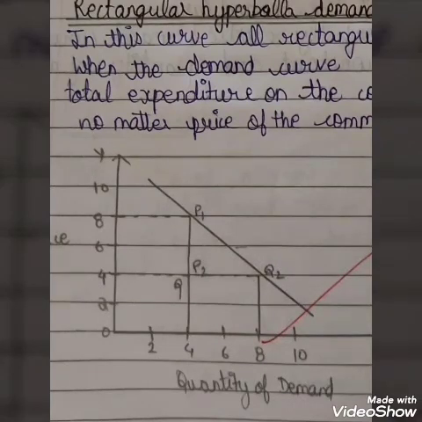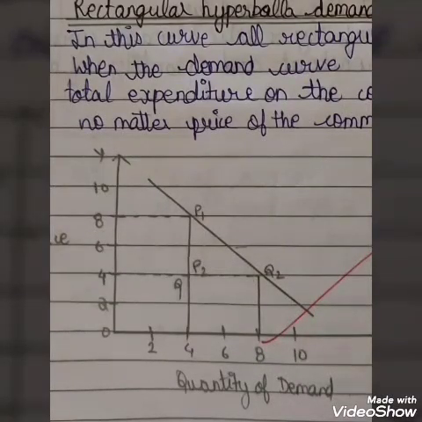Okay, so when the price is 4, the quantity is 8. Okay, so when we join both of these points, that means P1 and Q2, it will be the demand curve, the rectangular demand curve. Okay, so this is called a rectangular hyperbola demand curve.